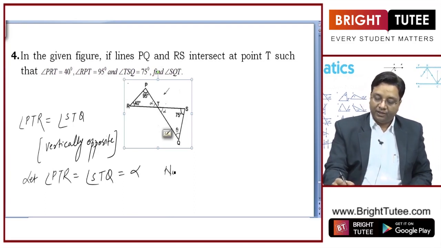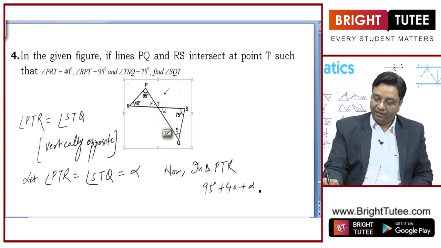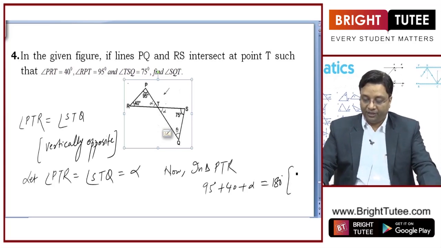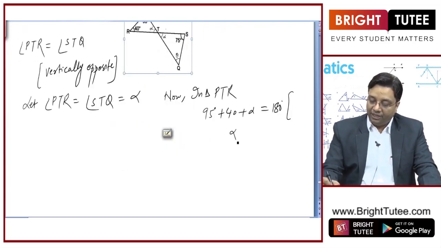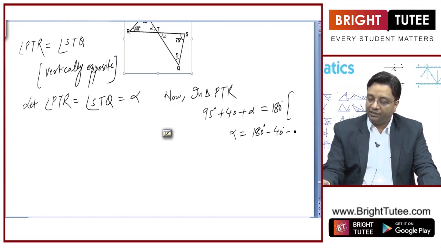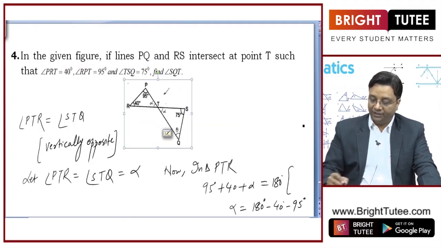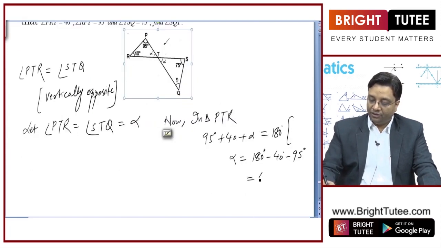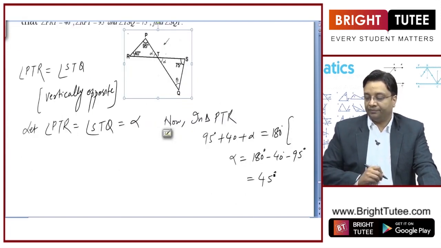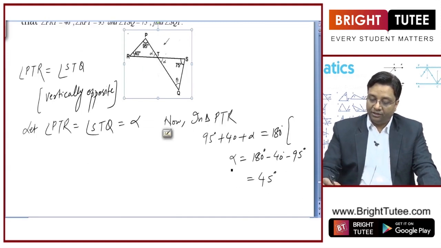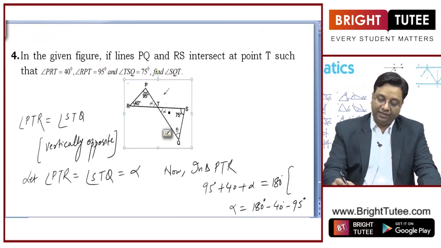Now, in triangle PTR, by angle sum property, I can say 95 plus 40 plus alpha is equal to 180. Then you write the reason, that angle sum property. So alpha I will obtain as 180 minus 40 minus 95, which is equal to 45. So alpha I obtained as 45.